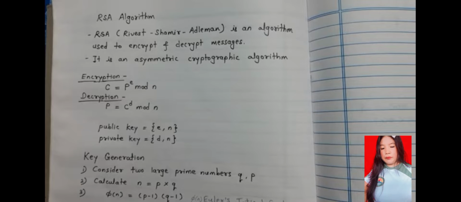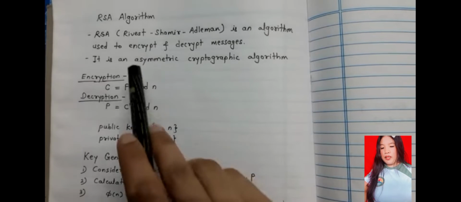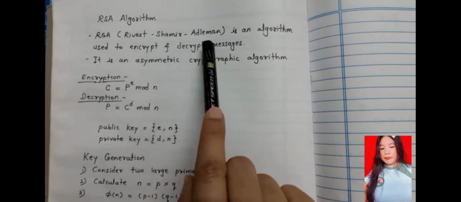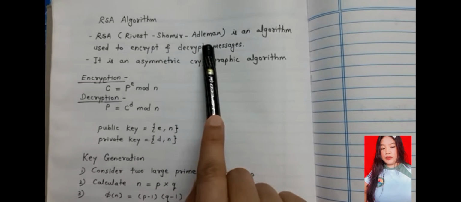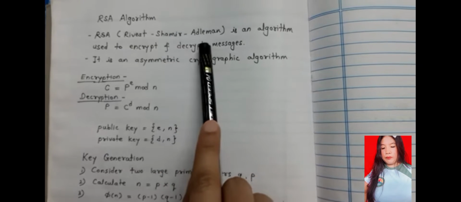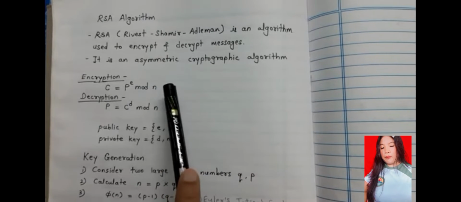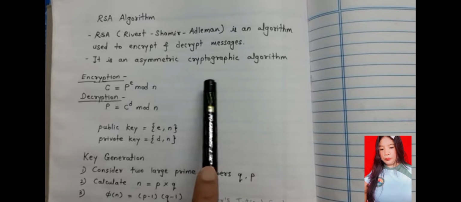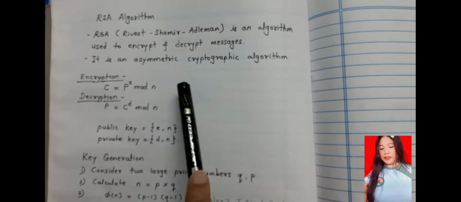RSA, or Rivest Shamir Adleman, is an algorithm used to encrypt and decrypt messages. It was developed by three authors, which is why the algorithm is named RSA. This is an asymmetric algorithm.